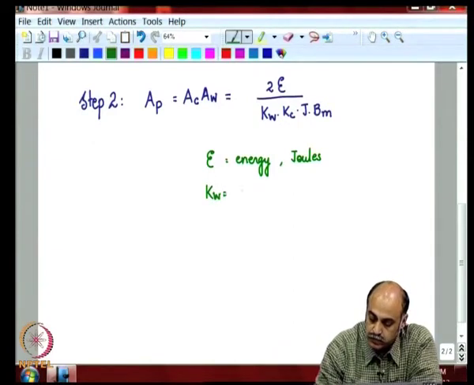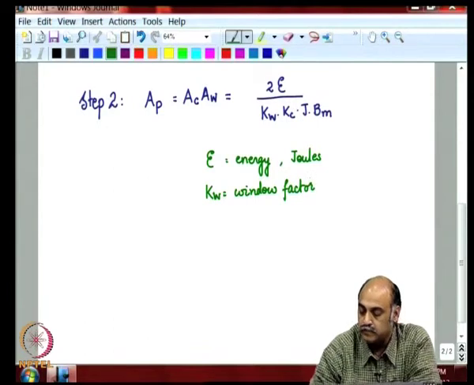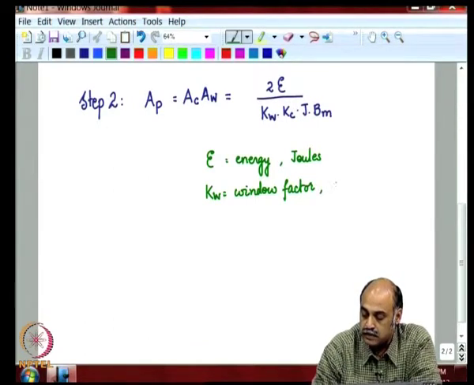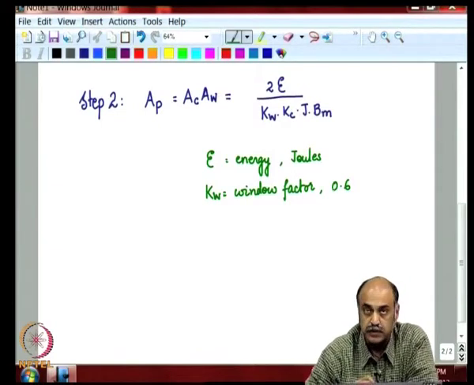K_w is a factor for the window area called the window factor, and this has a value of around 0.6 for single winding inductors.